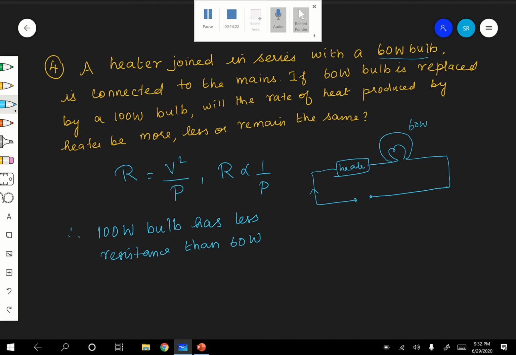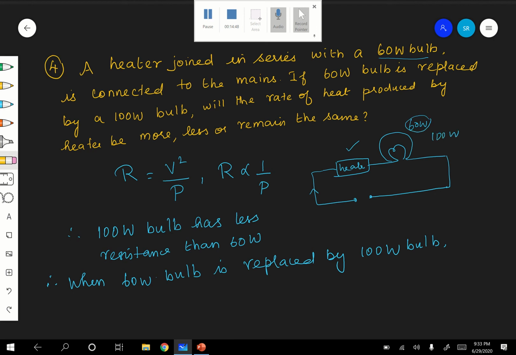Are you following? Therefore, when the 60 watt bulb is replaced by a 100 watt bulb, the heater is there and the 60 watt is replaced by, now, 100 watt.